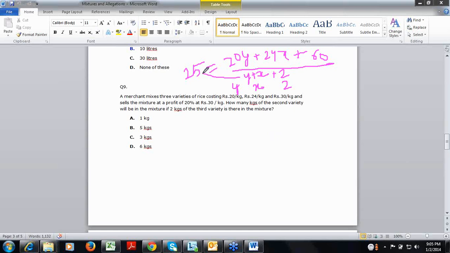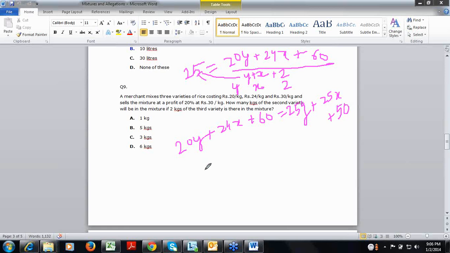Now move this to here. So it becomes 20y plus 24x plus 60, which is equal to 25y plus 25x plus 50.